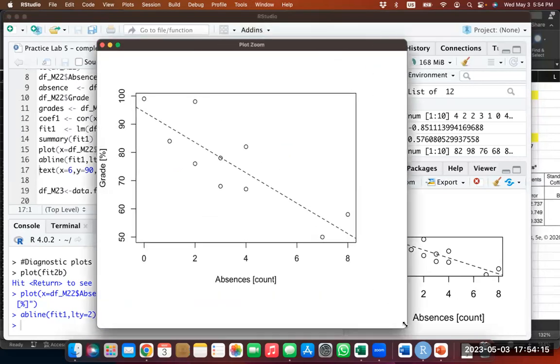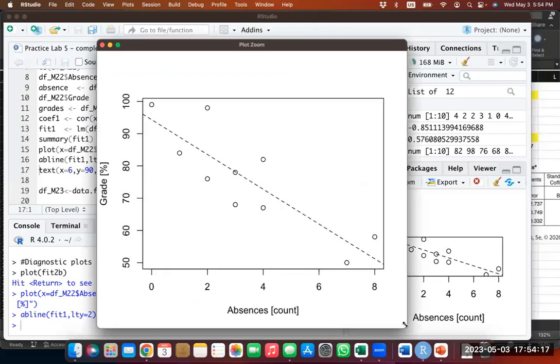That's your correlation coefficient. It's minus 0.85, just rounded to 1 decimal. Oh, but it's not wrong. No, it's not correct. So how did you get 0.6?